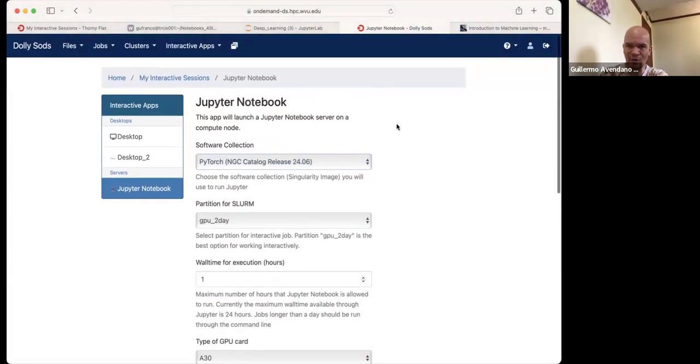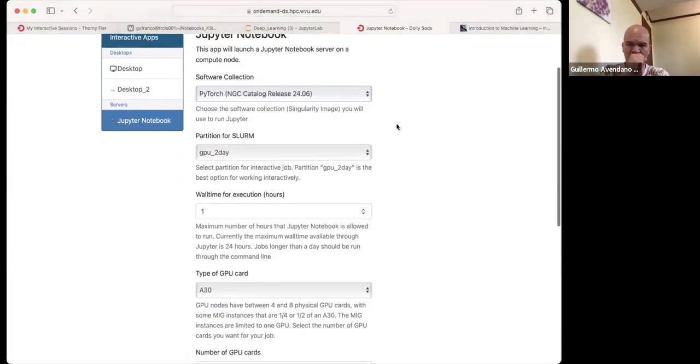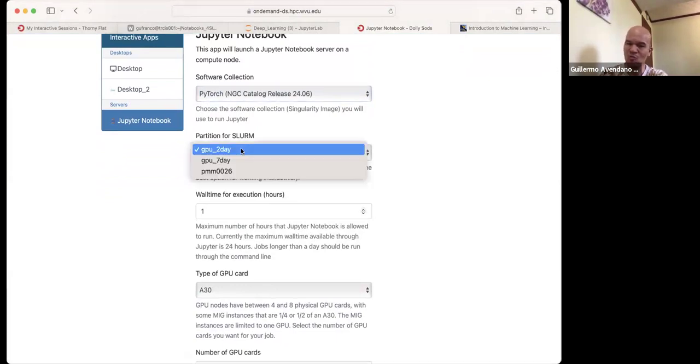In the case of Dolly, and I will see if I can do something like this on Thorny, but I probably have better chances of getting a couple of GPUs here with Dolly. There are two options: the 2-day and 7-day.